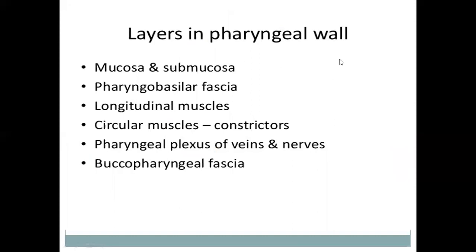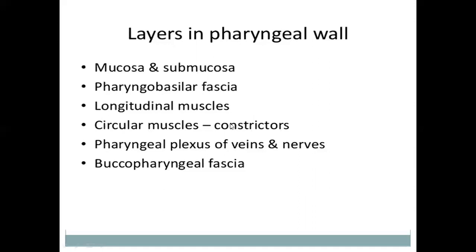So we have layers of the pharyngeal wall: mucosa, submucosa. We'll discuss the pharyngobasilar fascia in detail right now. Then longitudinal muscles. We have three longitudinal muscles: salpingopharyngeus, stylopharyngeus, and palatopharyngeus. We'll discuss them one by one in detail. We have circular muscles, which we also call constrictors of the pharynx: the superior constrictor, the middle constrictor, and the inferior constrictor.